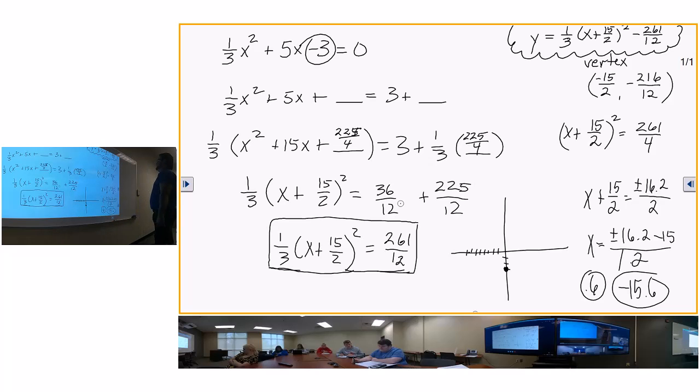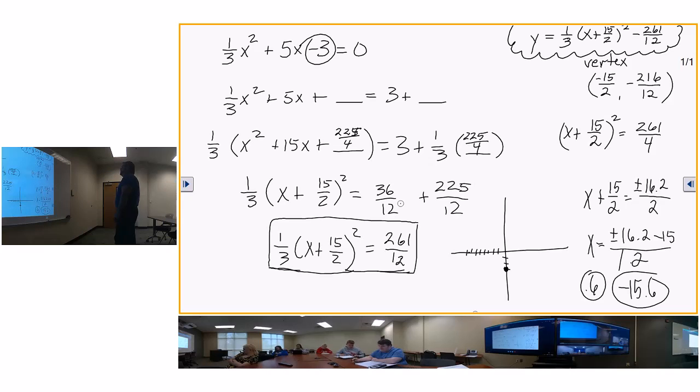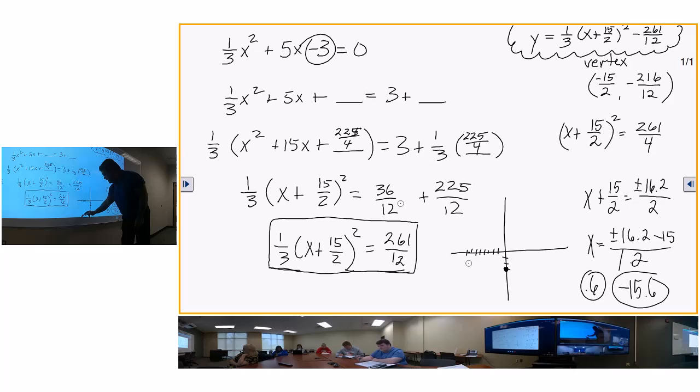And -12 would be 144. Heck, I don't know. 13, 14, 15. 15 would be 120. Somebody tell me how many times 12 will go into 216. 18. It's 18 straight up. Okay, 18, that's good. So 18 is way down here.